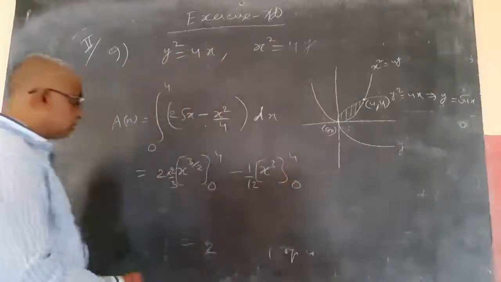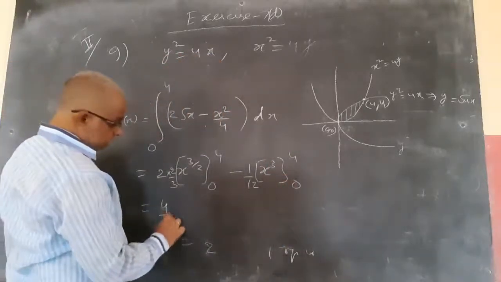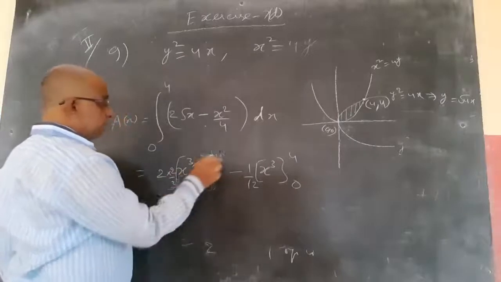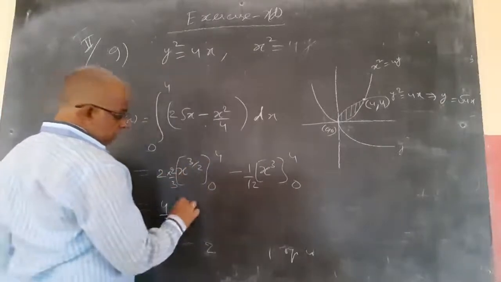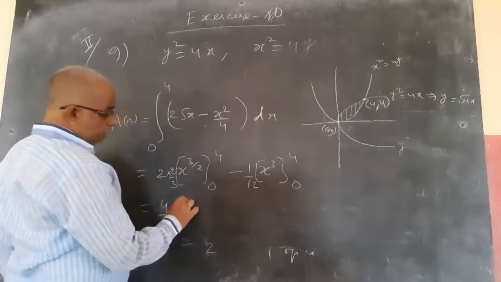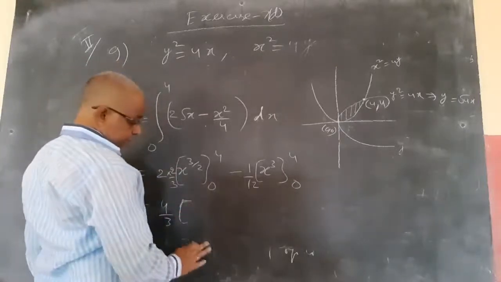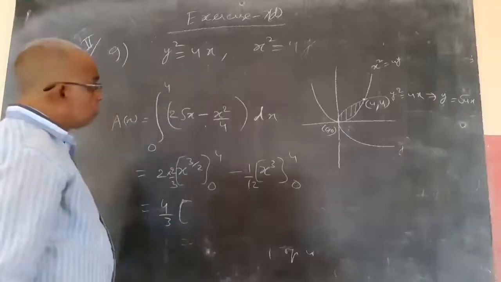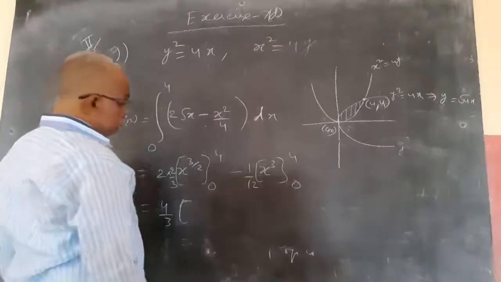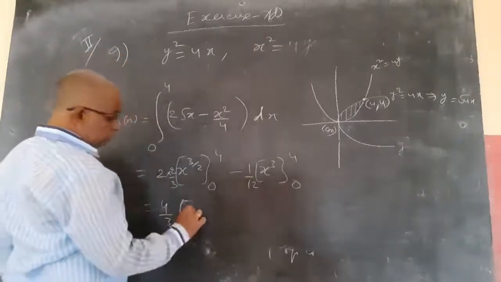Upper curve minus lower curve as usual. 4 by 3 into, upper limit is 4, 4 power 3 by 2. 4 power 3 by 2 means 4 into 4 power 1 by 2, 4 root 4.